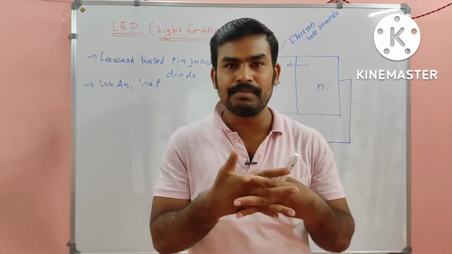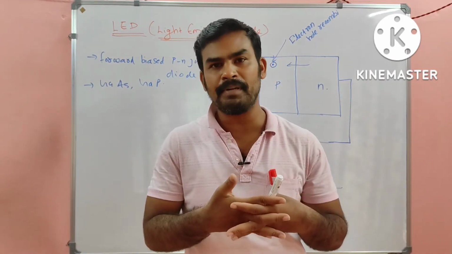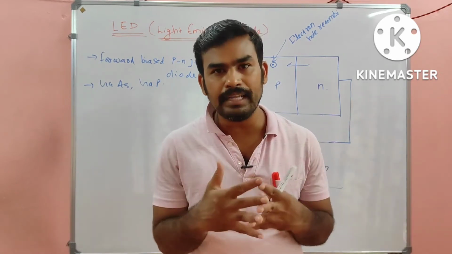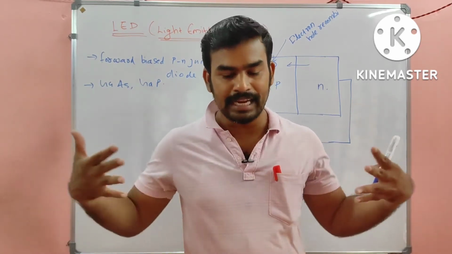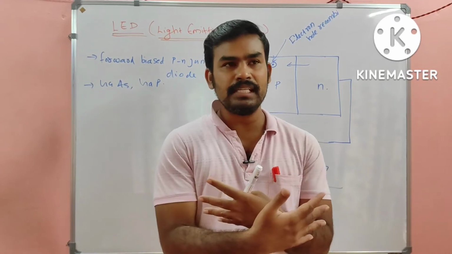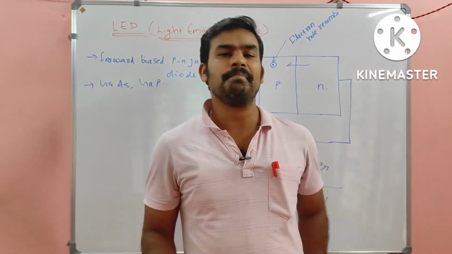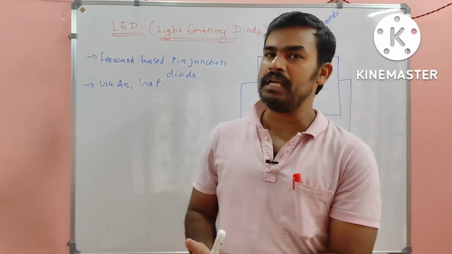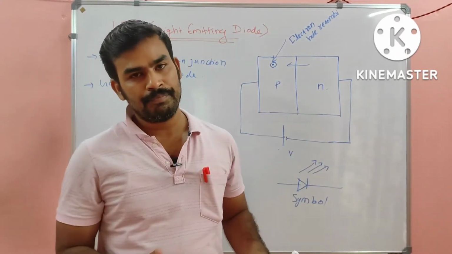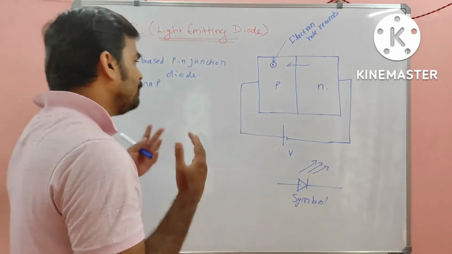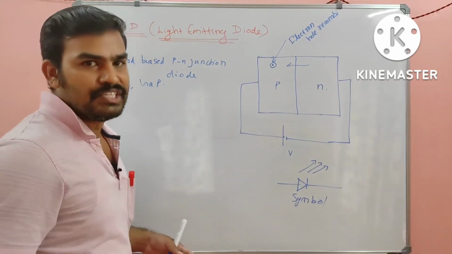Even though a small amount of light is produced when the recombination happens, because a lot of energy is converted there. The striking means energy conversion, and that energy conversion is seen as a light wave. But in pure silicon or pure germanium, we can't see the light wave. Is it clear? So we have to modify the material.